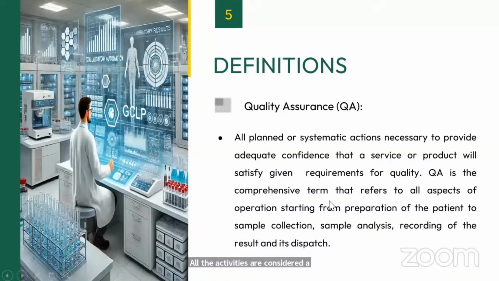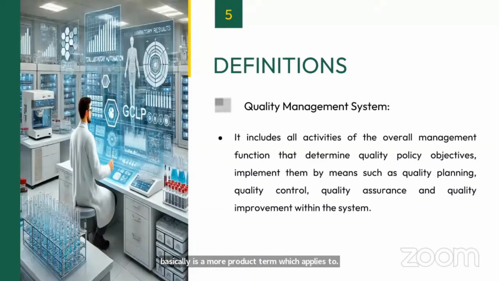Quality assurance is the comprehensive term that refers to all aspects of operations, starting from preparation of the patient to sample collection, sample analysis, recording of the results, and their dispatch. So quality assurance is a broader term which applies to all the activities and operations of the laboratory.